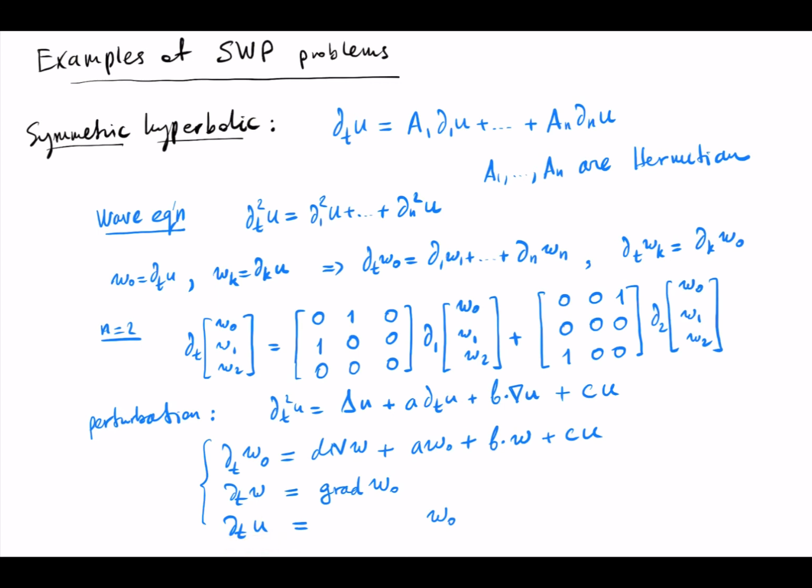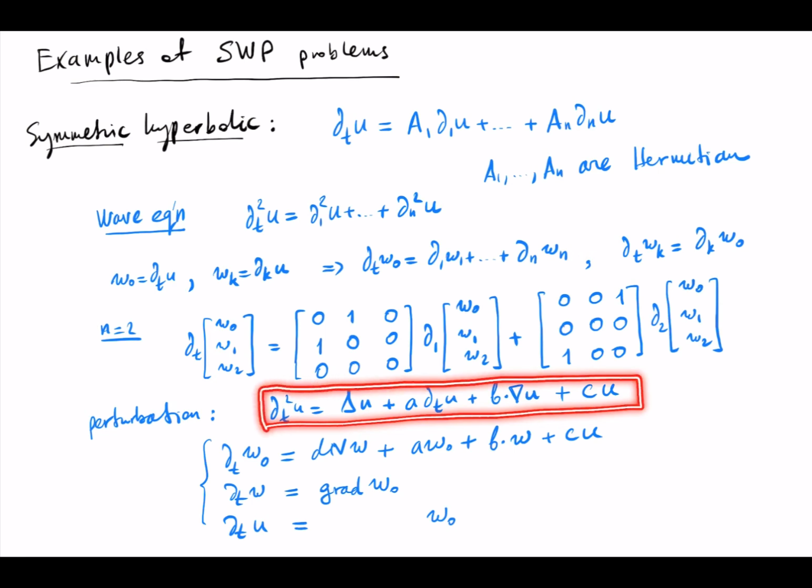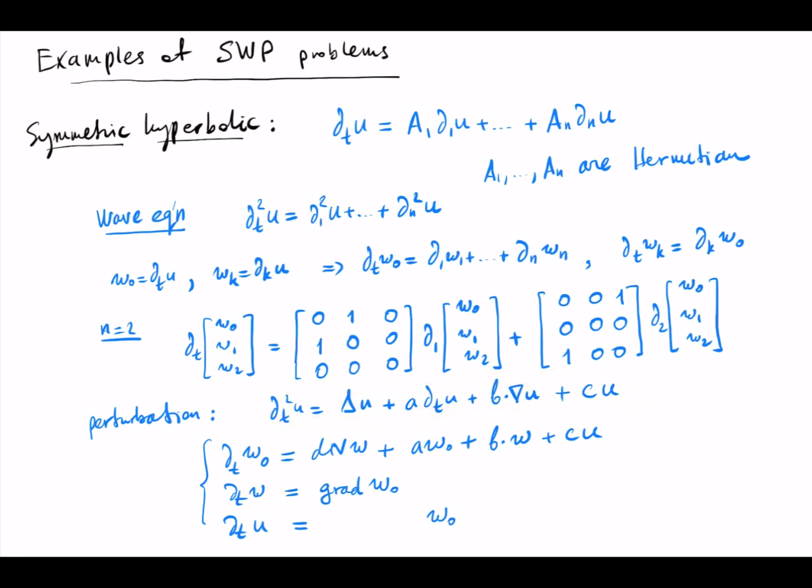That means it's not going to affect those matrices; you will just add a zero row and zero column corresponding to the unknown u, and this w0 will act as a lower order perturbation, or zeroth order perturbation in this case. So it immediately gives us the result that any lower order perturbation like this is going to be strongly well posed for the wave equation.